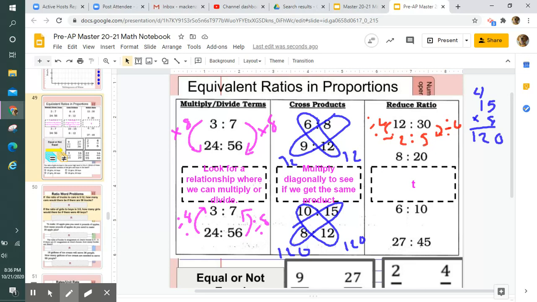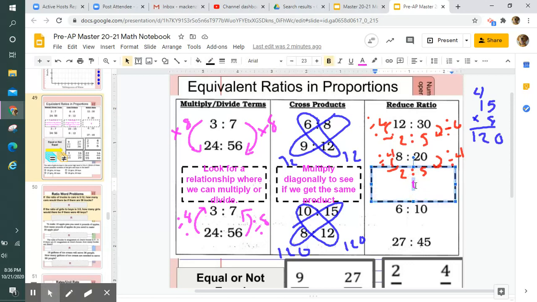Now I'm going to do the same thing with 8 and 20. 8 and 20 can both be divided by 4, so I'm going to divide by 4 on both of these. 8 divided by 4 is 2, and 20 divided by 4 is 5. Again, we got the same answer, so those two are equivalent once we reduce them.